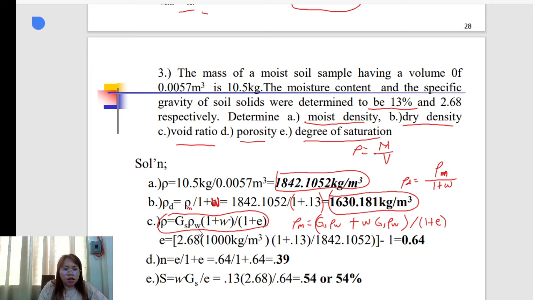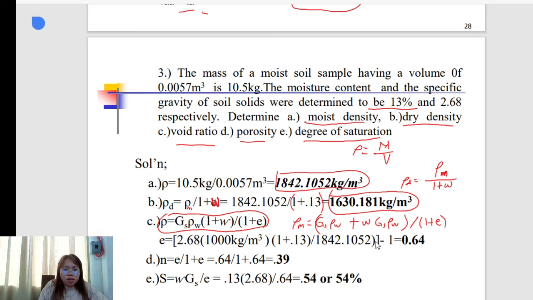This is the equation. So substitute the values: 2.68, density of water 1000, 1 plus the moisture content or 13%, divided by, okay, this one is expressed in terms of E. He did cross multiplication.